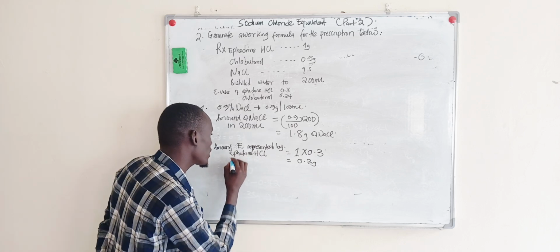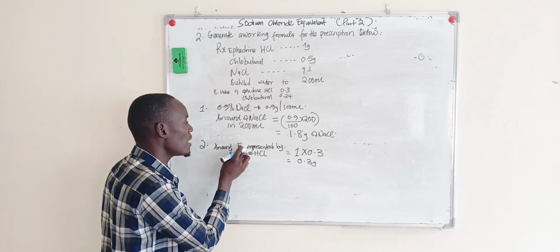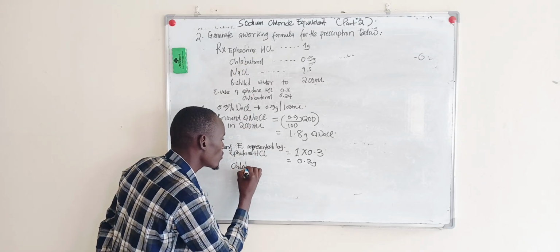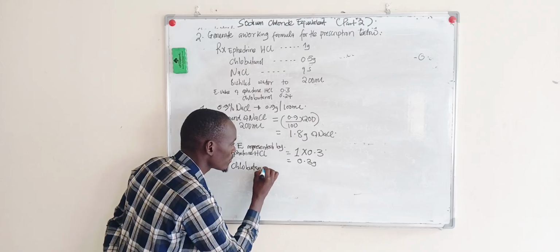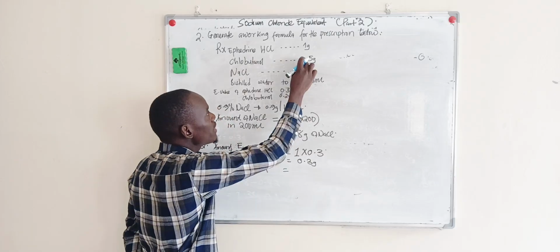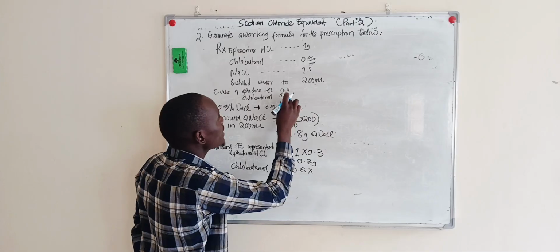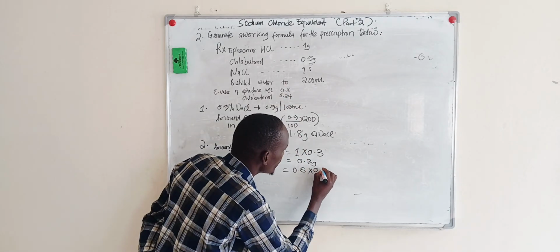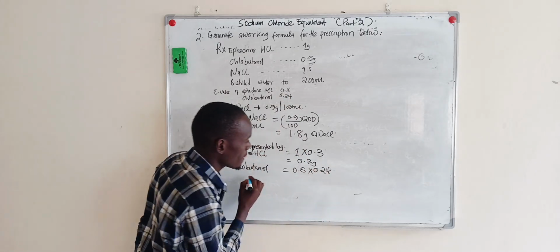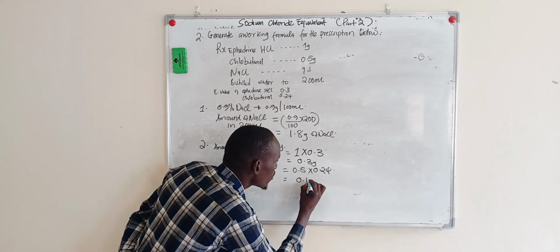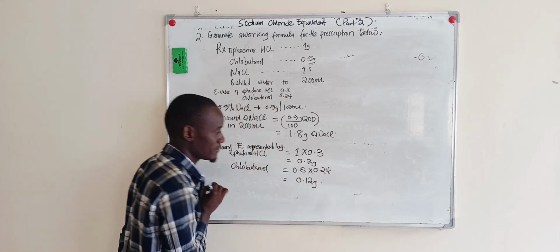We shall also get the amount of sodium chloride equivalent represented by chlorbutanol, which will be the mass given in the formula multiplied by 0.24. And when we multiply this, we shall have 0.12 grams.